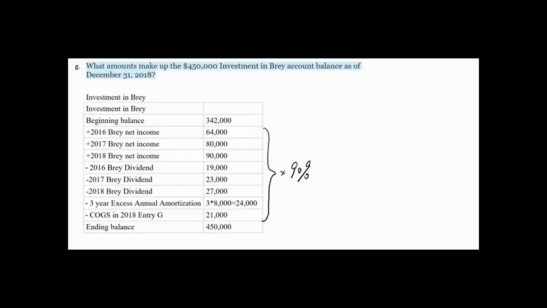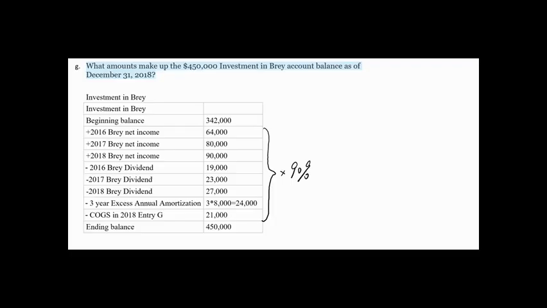Question G. What amount makes up the 450,000 investment in Bray account balance as of December 31st, 2018? Okay, so 450,000 is the ending balance of the investment account at the end of 2018.